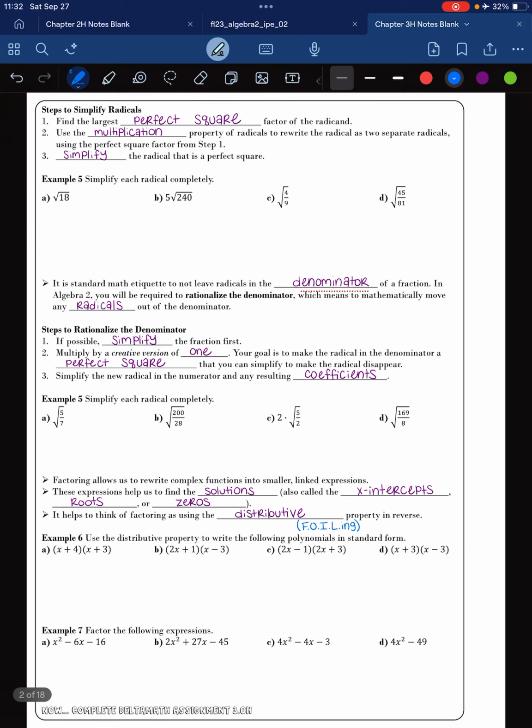Alrighty. So, simplifying radicals, we need to use that multiplication property in order to break up radicals into a perfect square factor and what I consider to be just the leftovers, whatever I cannot simplify anymore because it's an irrational number.